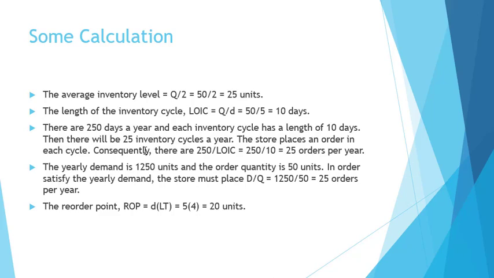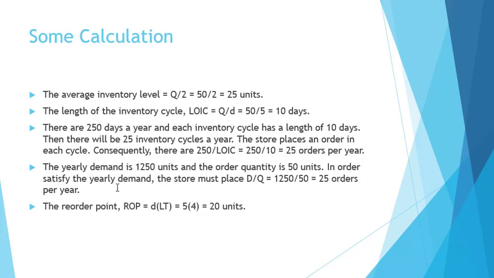Consequently, there are 25 orders per year because there are 25 cycles of inventory in a year. Then the formula will be days a year divided by length of the inventory cycle, which is equal to 25. Means 25 orders per year.